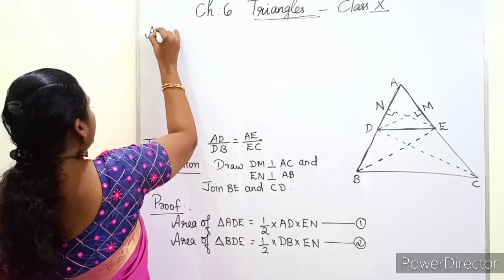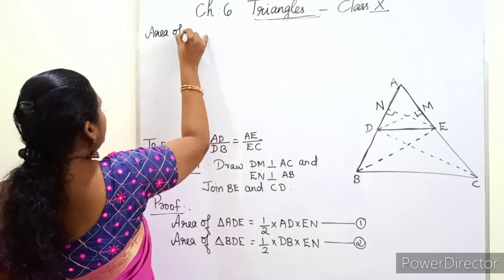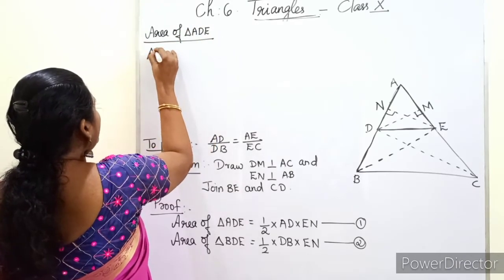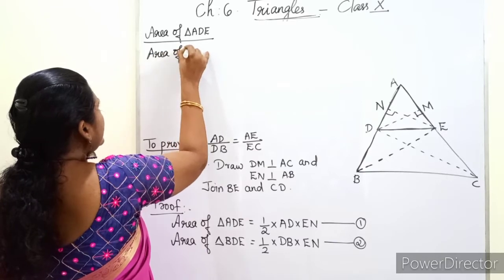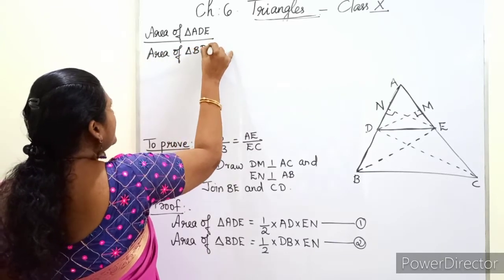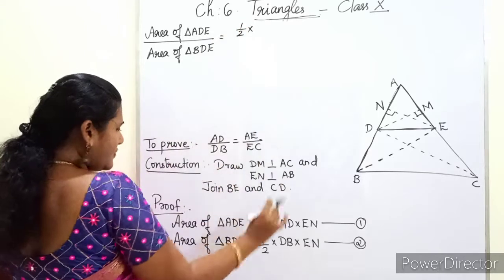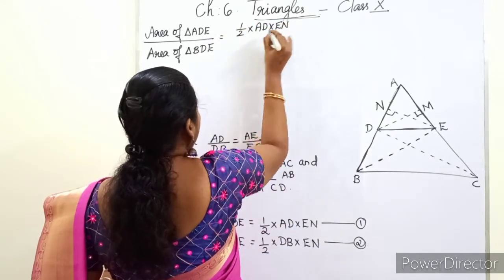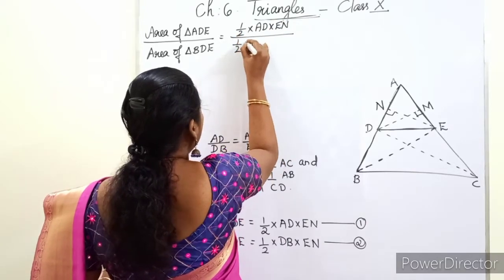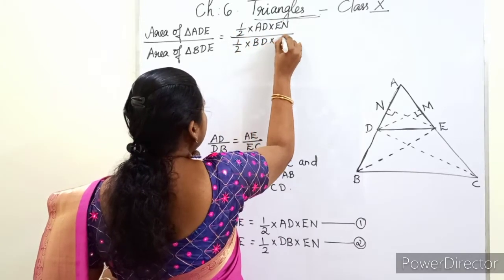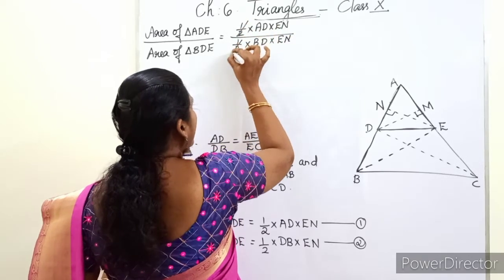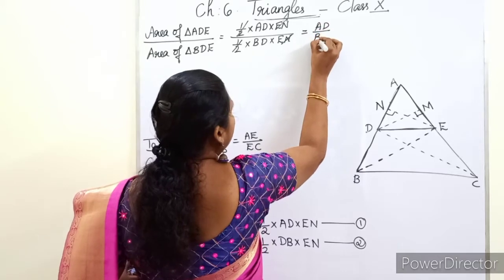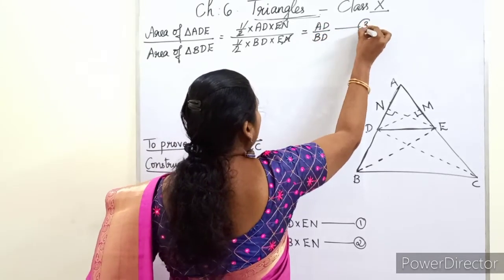So we can write area of triangle ADE divided by area of triangle BDE is equal to half into AD into EN divided by half into BD into EN. So we can cancel the half and EN, and we will get the answer as AD by BD. So this is the third equation.